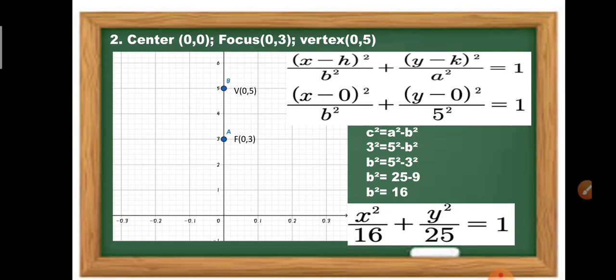So y squared over 25 equals 1. The equation of the ellipse given the center at the origin, focus at (0, 3), vertex at (0, 5) is x squared over 16 plus y squared over 25 equals 1.